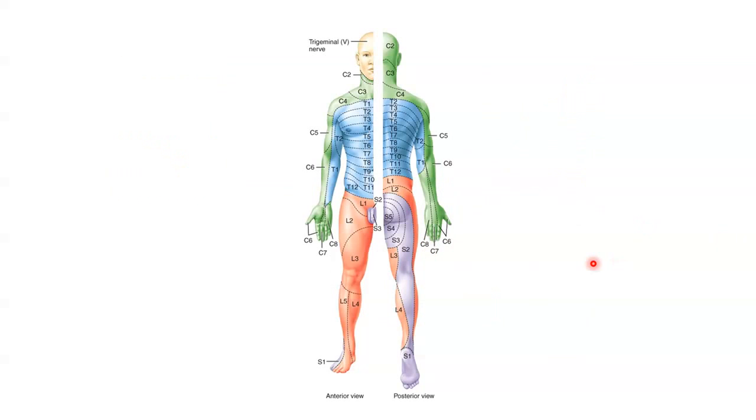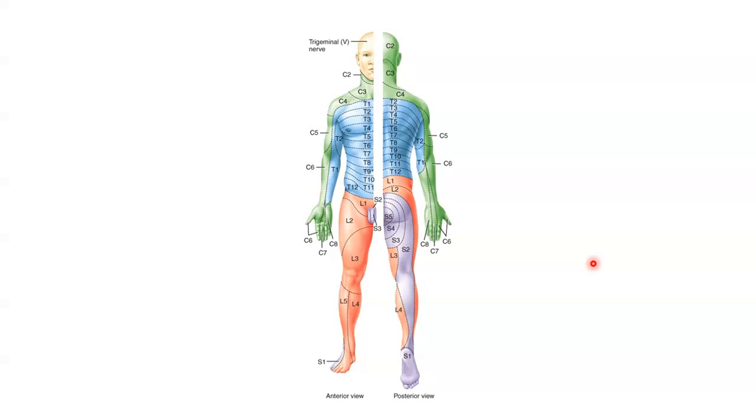Now, lastly, when we're looking at spinal nerves, and here we're thinking about the sensory portion of a spinal nerve. So the entire body is supplied by sensory neurons that carry nerve impulses from the skin to the spinal cord and the brain. Each spinal nerve contains sensory neurons that serve a particular area of the body.